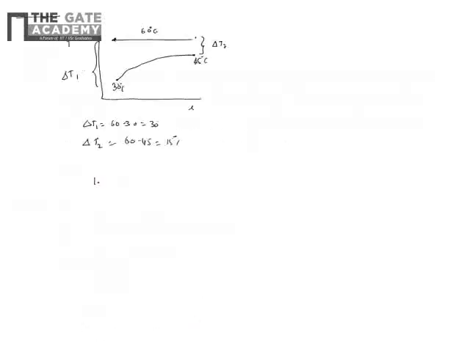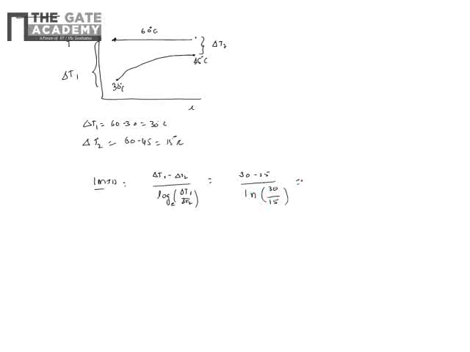LMTD, which is an important parameter in the calculation of the overall heat transfer coefficient, is defined as delta T1 minus delta T2 divided by ln of delta T1 by delta T2, where ln is log to the base e. So that is 30 minus 15 divided by ln of 30 by 15.